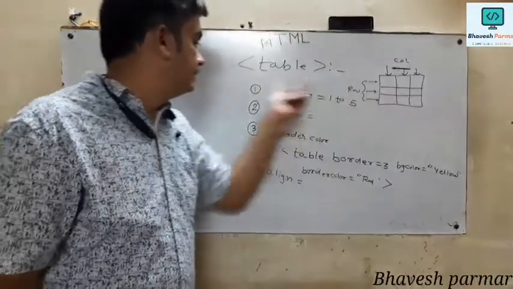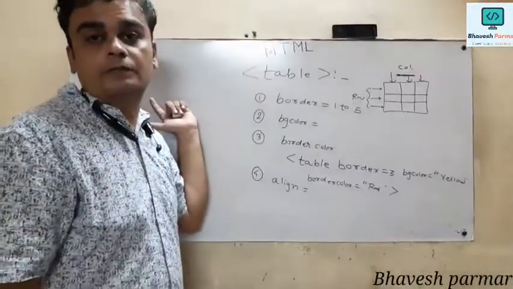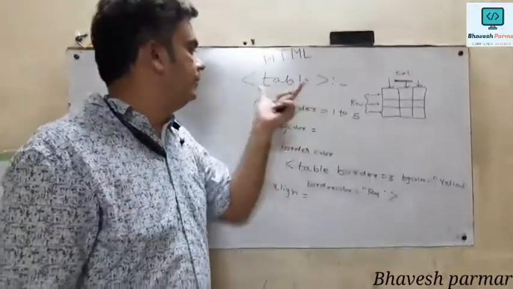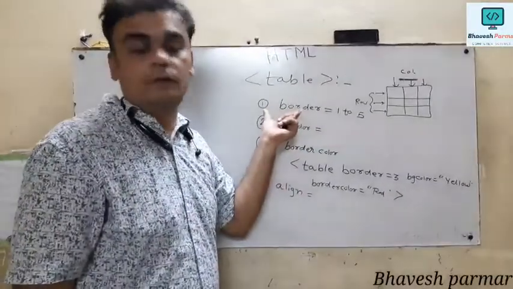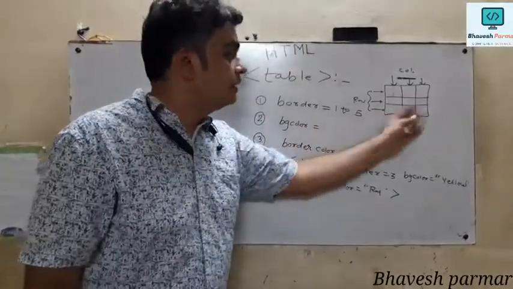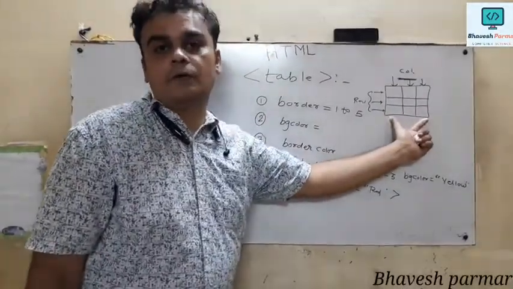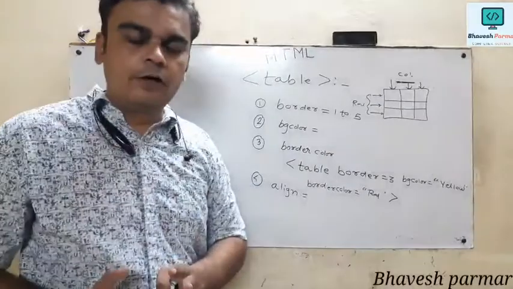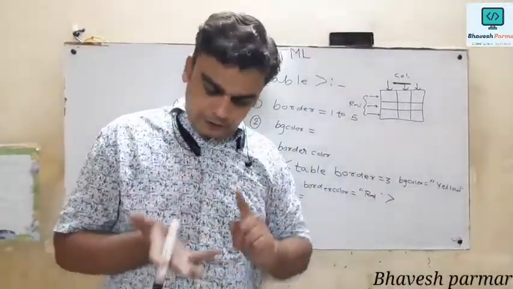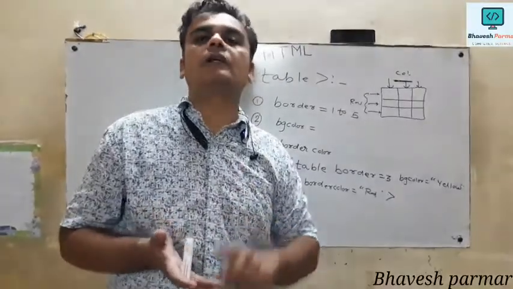This table is displayed at the leftmost corner of the window. If I specify align equal to center, then it will display at the middle position of the window. And if I specify align equal to right, then it uses the rightmost corner of the window. So the default value of the align attribute is left. So we can use left, right or center.